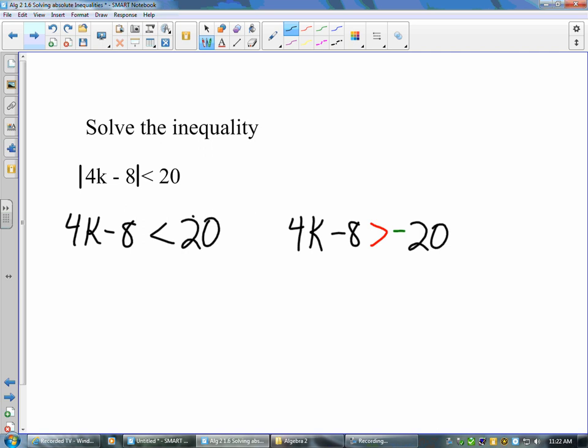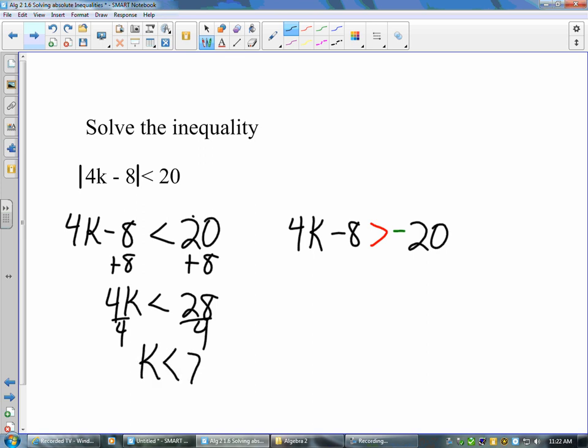After making these two cases, now we can just solve these. We will add 8 to both sides. That leaves 4k is smaller than 28, sorry. And then divide by 4, and k has to be smaller than 7.